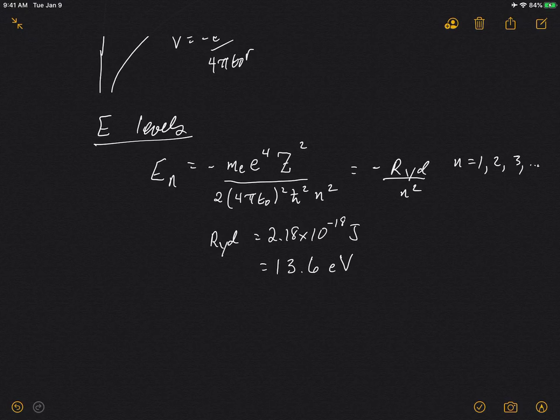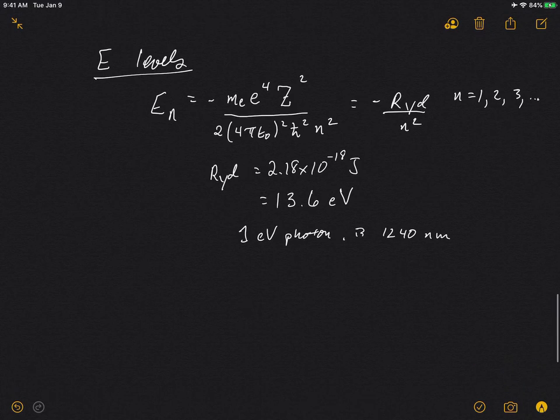And a photon that has an energy of 1 eV has a wavelength of about 1240 nanometers, which is in the near infrared. So we end up with a series of energy levels, and we'll look at the spectrum of energy levels, or the energy level diagram, shortly.